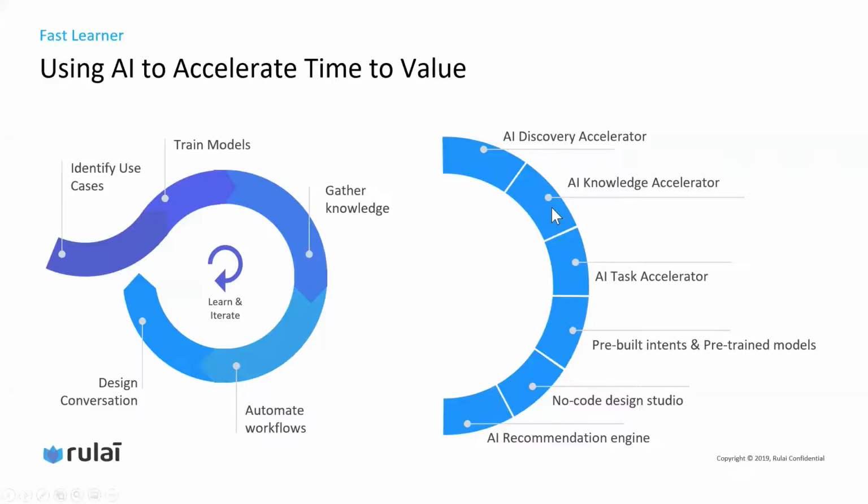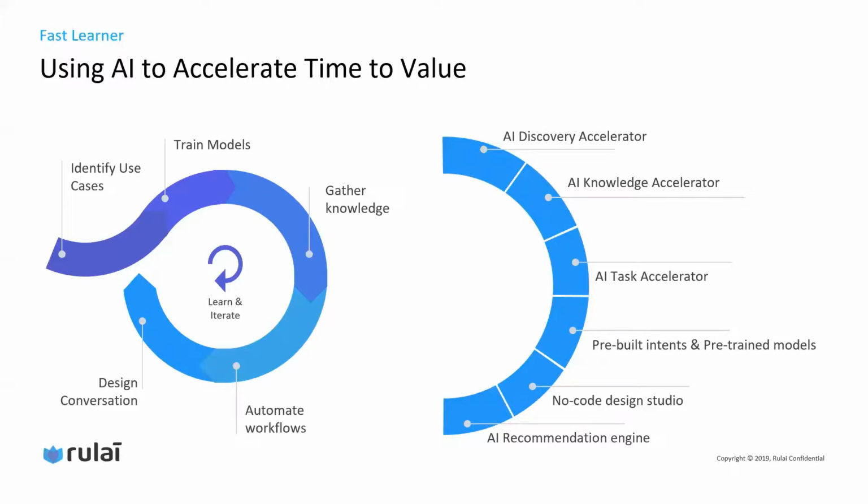Also, we have the AI Knowledge Accelerator to automatically read and understand the company's existing enterprise knowledge, such as the website of the company or PDF files. The virtual assistants can use that knowledge and are synchronized with external enterprise knowledge sources. We also have the AI Task Accelerator to automatically analyze the company's website so that we can get the company's business process and automatically generate a multi-round conversation task flow.